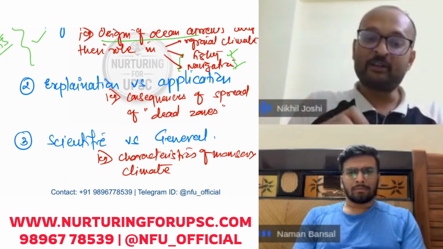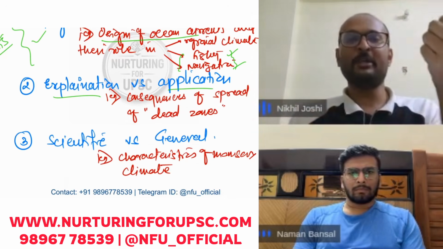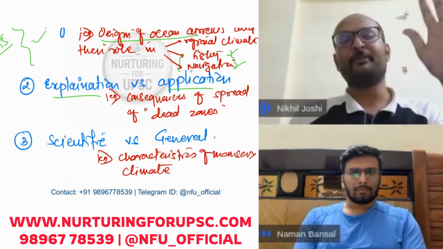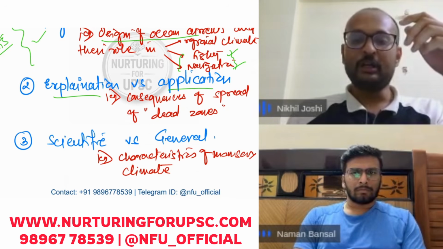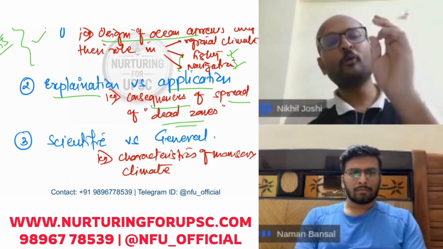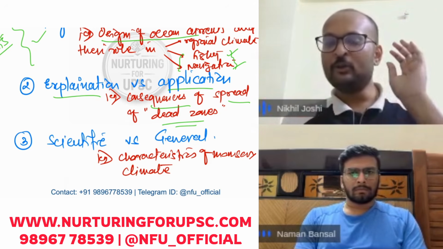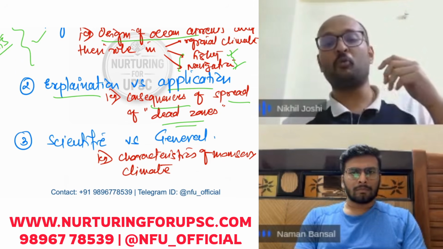Similarly, they do ask about explanation and application. What I mean by explanation is they ask you whether you understand the phenomenon or not. There was this question on consequences of the spread of dead zones. If you don't know what dead zones are and can't explain them, there is no way you can convincingly explain what their consequences would be.